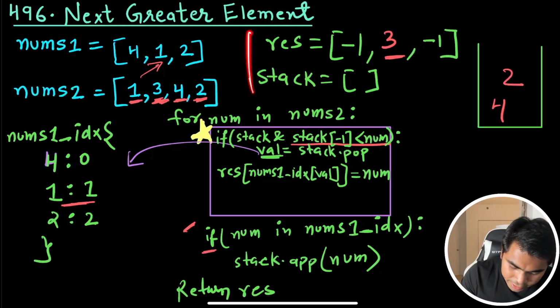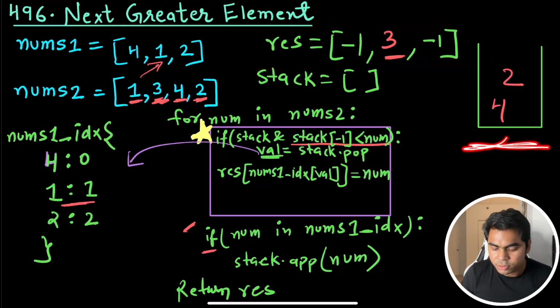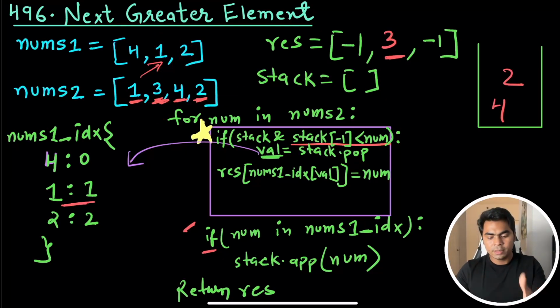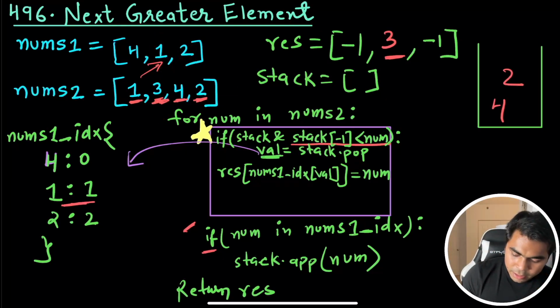But we have calculated our answer, because that's how our answer should have been, because there are no greater elements for 4, because 4 is right here and 2 is not greater than 2. Then for 1, yes, it was right here, but for 2 there is nothing here, so that will be my final answer, and I will return that.